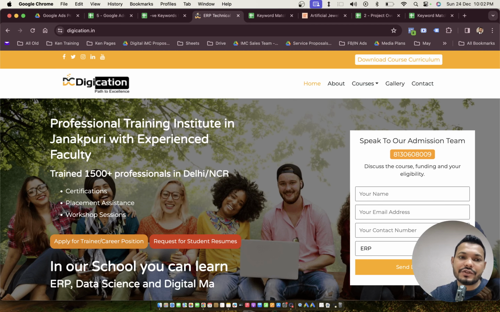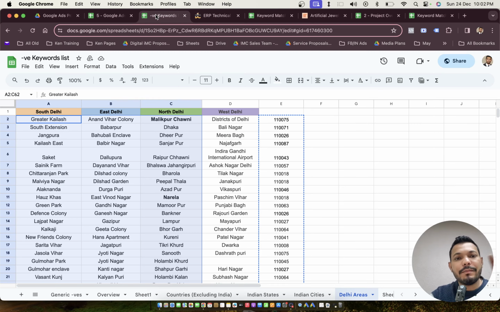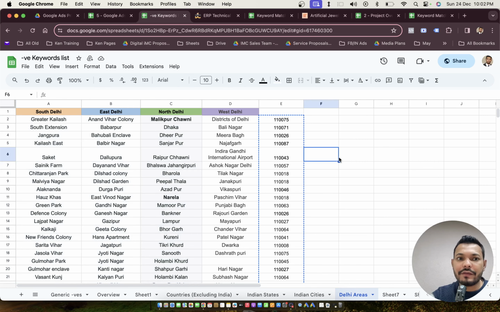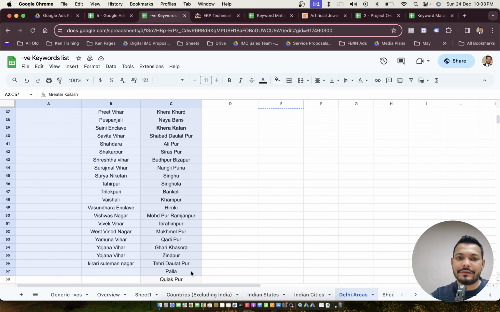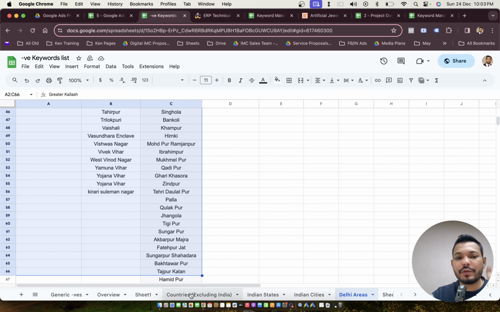Now, as they are based in Janakpuri, they wanted to block the ads to people who are looking for SAP coaching in Greater Kailash, SAP coaching in East Kailash, SAP coaching in Saket, SAP coaching in Durgapuri, SAP coaching in Azadpuri, anywhere where they have the SAP coaching, but not in West Delhi. So I added all these terms in negative. So I hope now you understand why we need to add a lot of different searches in negatives.